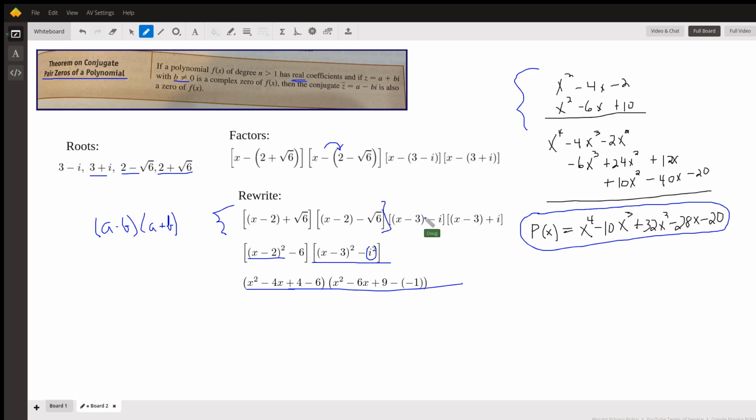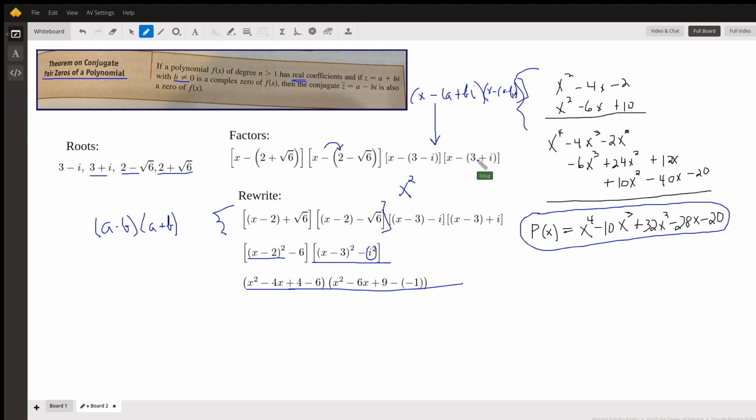Oh, by the way, some textbooks give you a formula for multiplying these factors together. It's something like x squared. If we're multiplying x minus (a plus bi) times x minus (a minus bi), you can look it up.